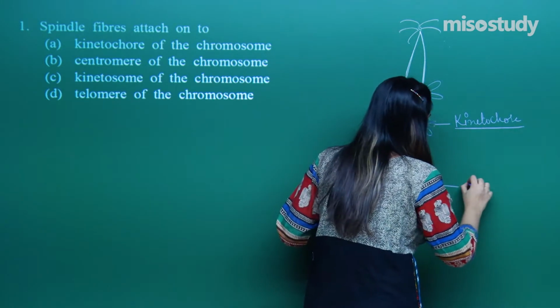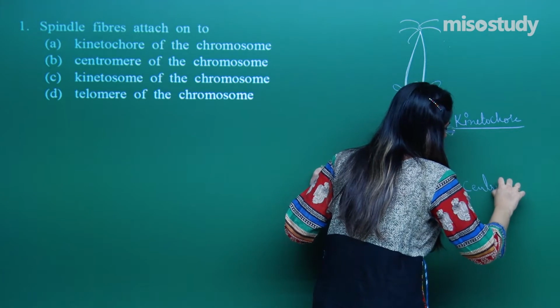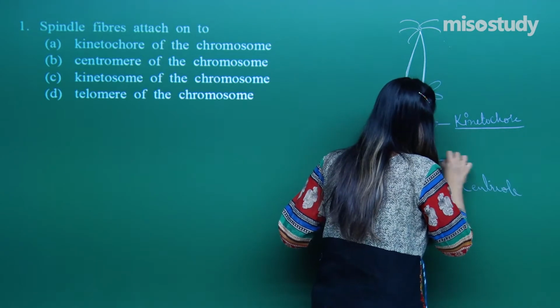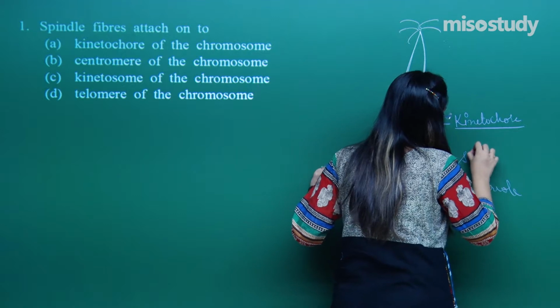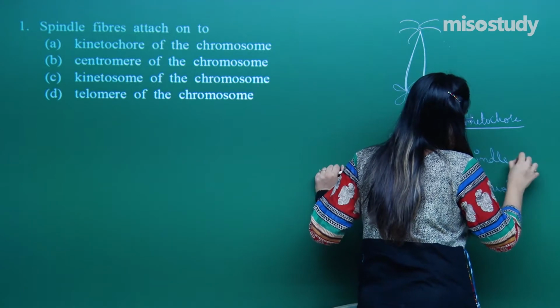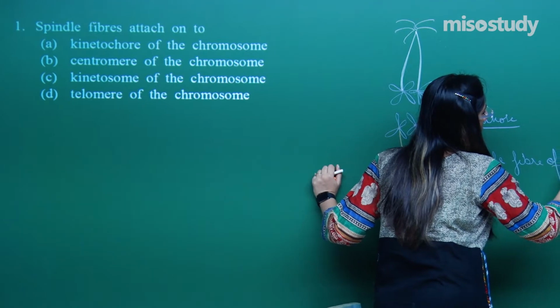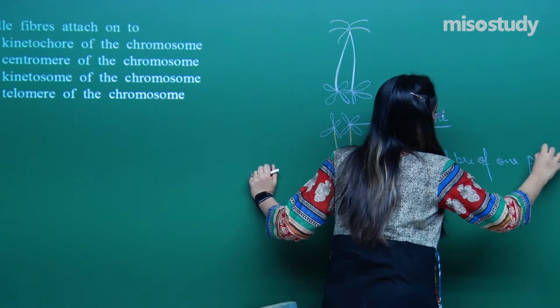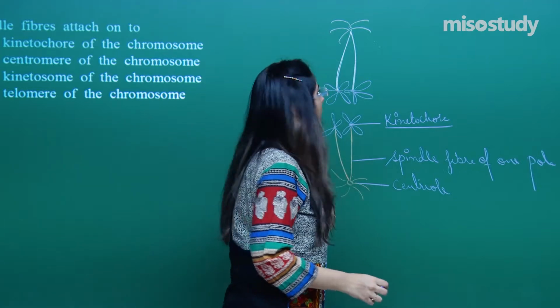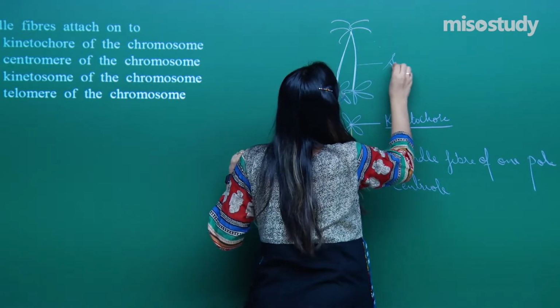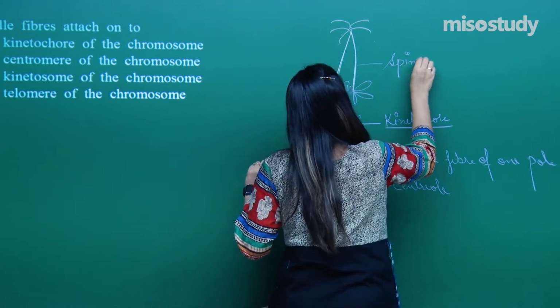In the chromosome, the kinetochore region is present. What are these? These are centrioles. These are the spindle fibers of one pole, and these are the spindle fibers of the opposite pole.